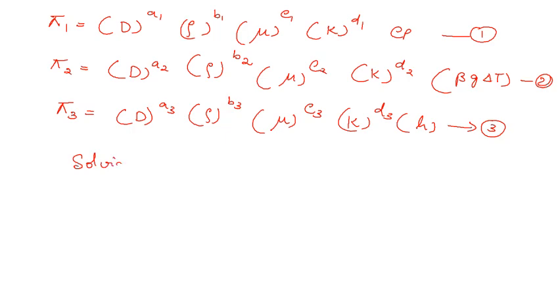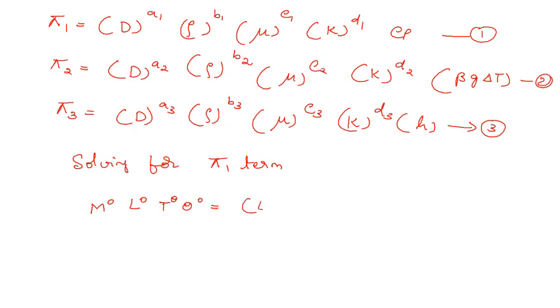Solving for the pi 1 term, let us use on the left hand side M to the power 0, L to the power 0, T to the power 0, and theta to the power 0.